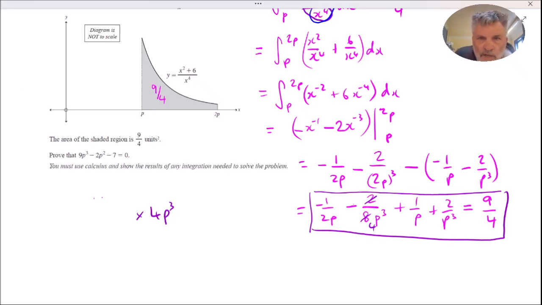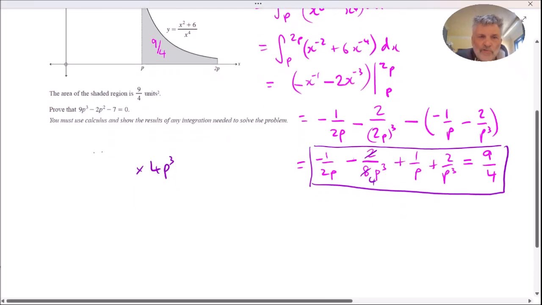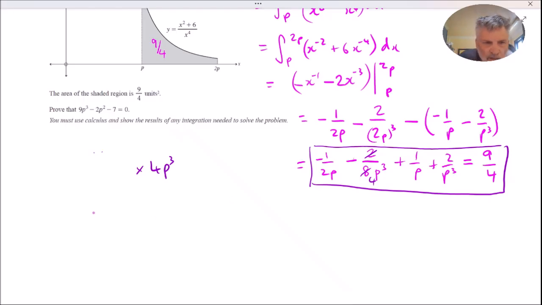So the thing that I hated is I wrote equals on the next line, but I'm multiplying through by this value here, so it's not going to be equal. So let's write it over here to emphasize that it's not a continuation of this equation. It's a new equation based on multiplying that previous equation by 4 times p cubed.